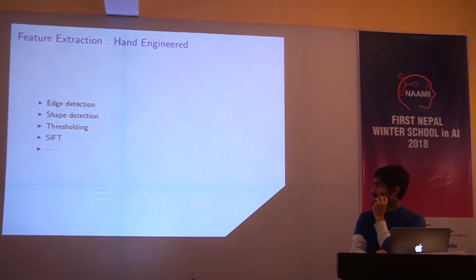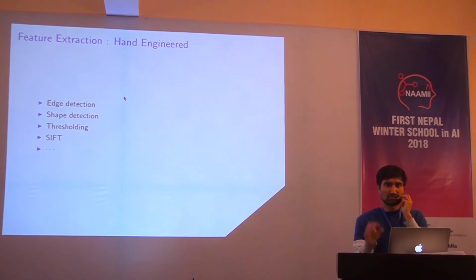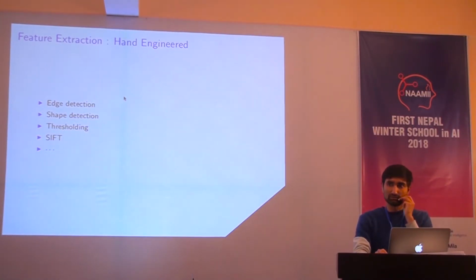With these, people have developed lots of methods, so there's a huge amount of literature. I'm not going to bore you with those, but I'm giving a few examples that will also help you build more intuition for the convolutional neural network next week when we talk about that.